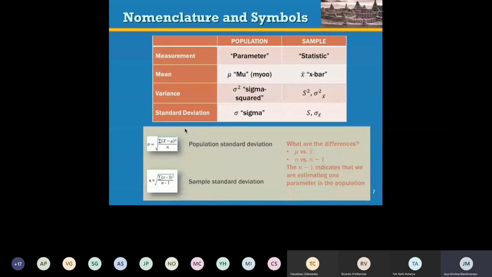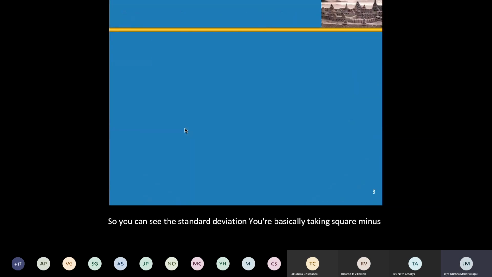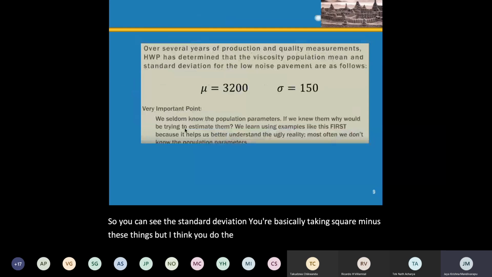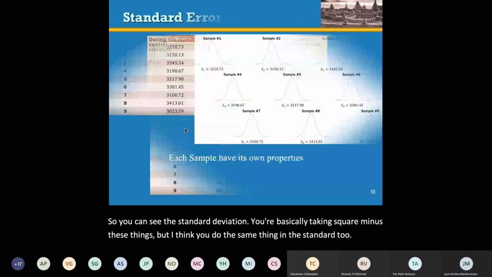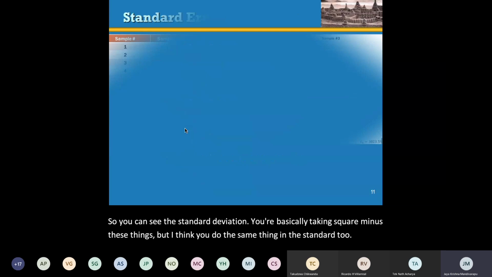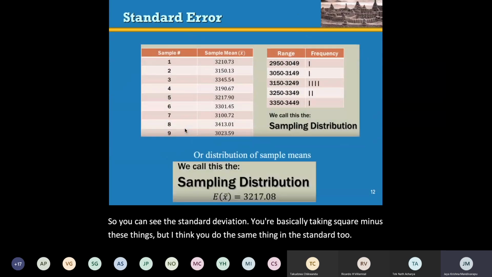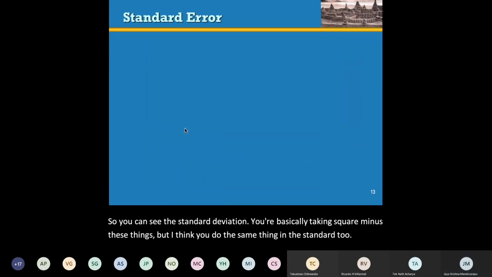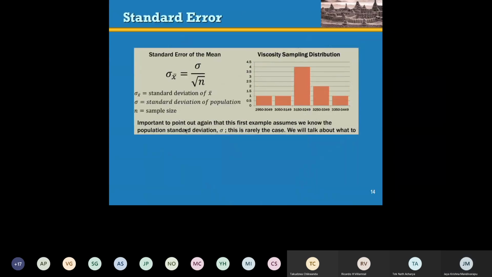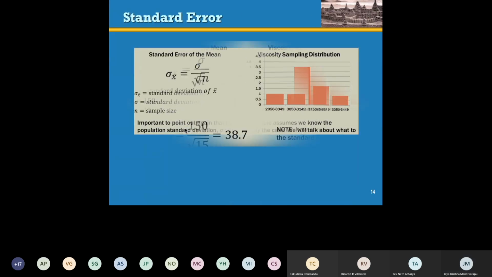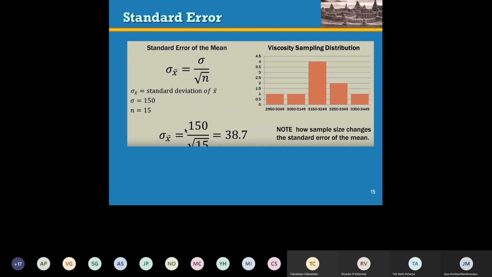You can see the standard deviation: you're taking the square root of the squared differences. But I think both of them are different.